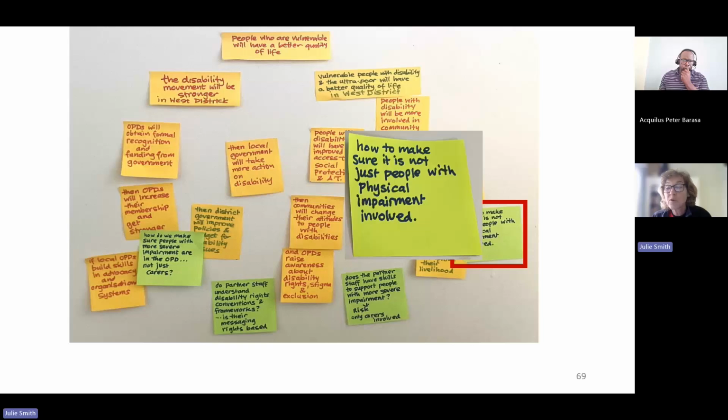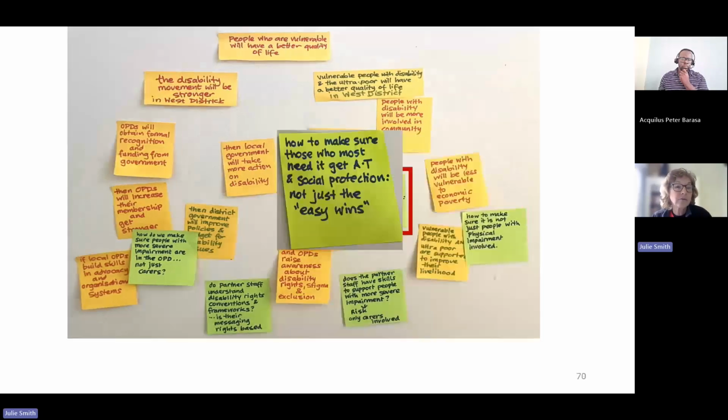We might have to make sure that there are some budget lines for training of partner staff in disability rights and conventions, or even some technical support, like some occupational therapy input, to show partner staff how even people with more severe impairment can get involved in livelihood work, so that the livelihoods work doesn't just focus on carers. So these are the sort of things that you can look at as part of a disability look at your theory of change.